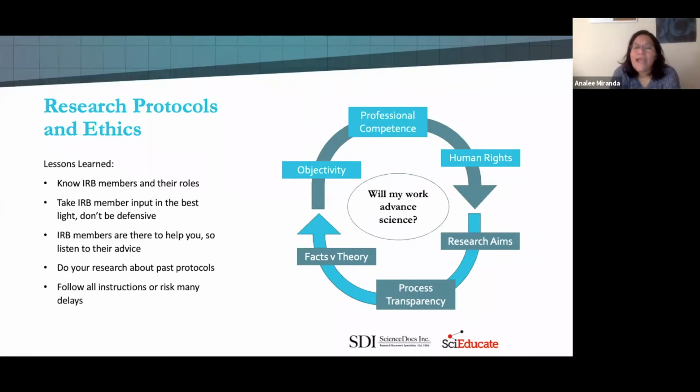Now, we also have facts versus theory. We have to consider those. We have research aims, and we have process transparency. Those are other things that the IRB board actually looks at. But all of these little bullet points here, I actually got from the American Statistical Society.